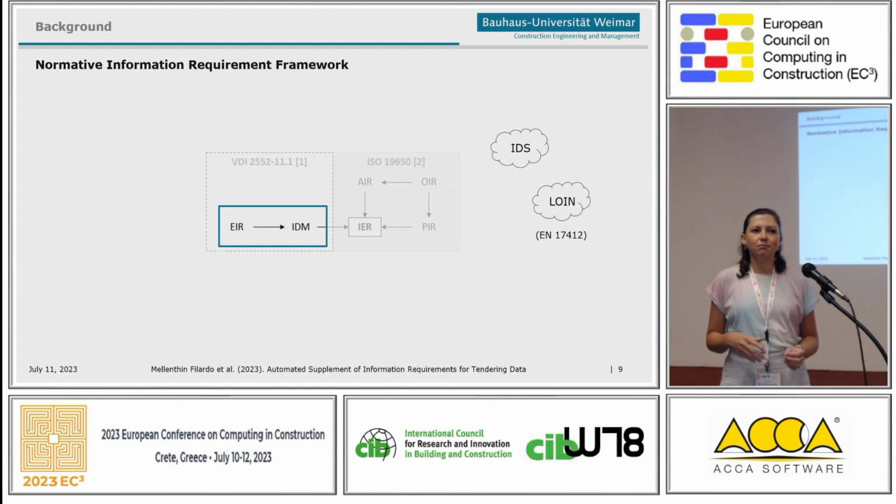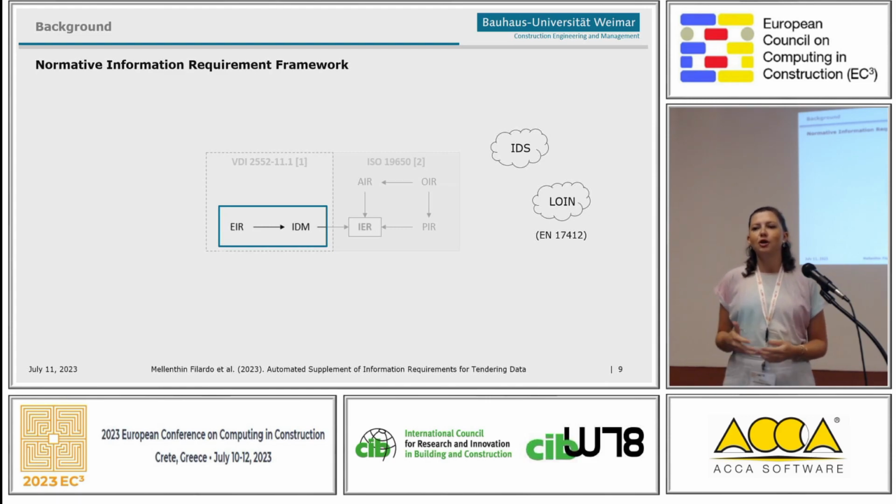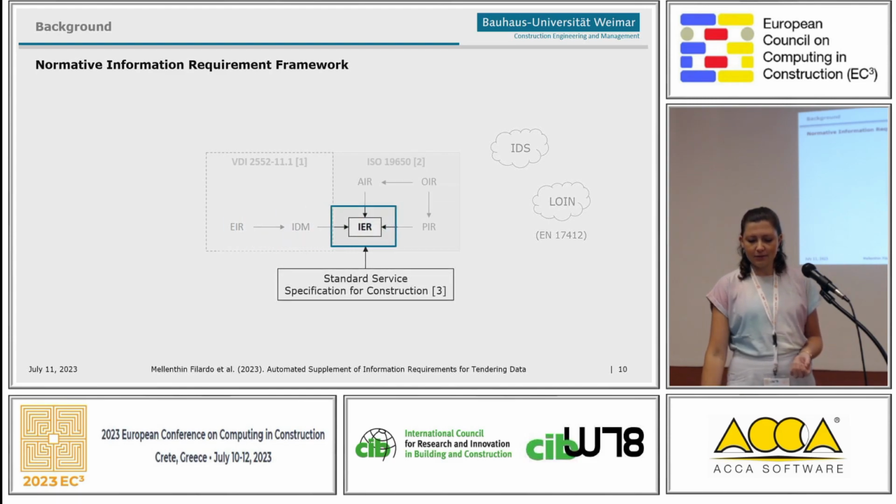Therefore we use Dynamo, and Dynamo only has a sheet import. It cannot do XML. If you want to see XML, that could be future work. In those IERs, we are including the standard service specifications for construction, which are standardized in Germany.